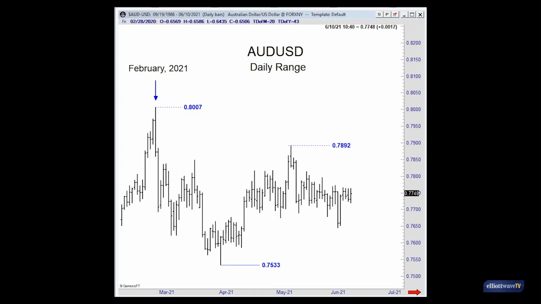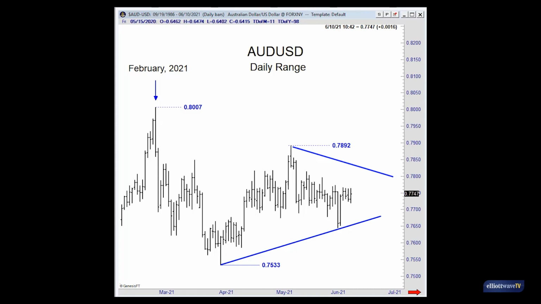We know that triangles consist of back-to-back corrective patterns, and here in Aussie we can see that the price action so far is unfolding in a very corrective manner. And while we need to wait for more price action to complete a triangle pattern, we can gather an awful lot of information to prepare us for a possible upcoming breakout trade in the Aussie US dollar pair.